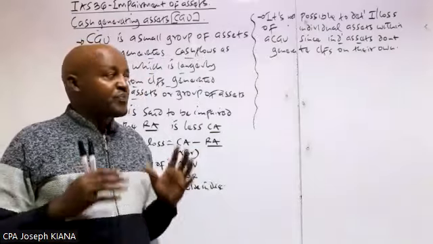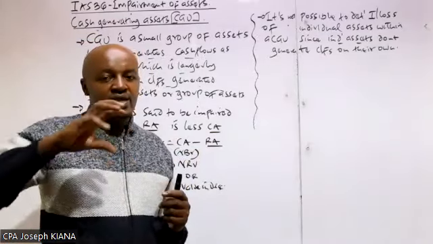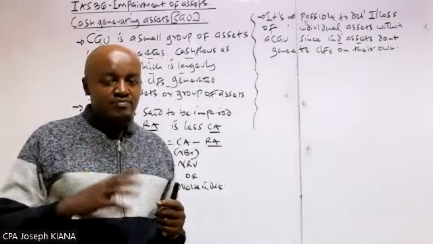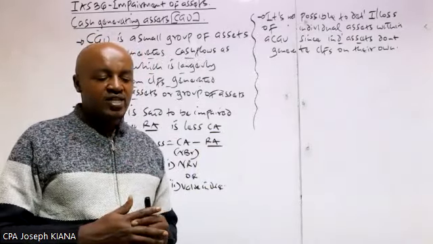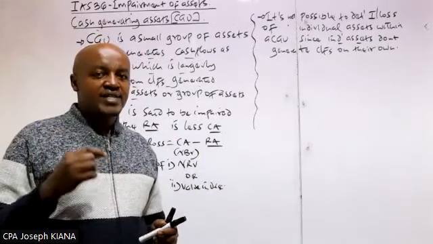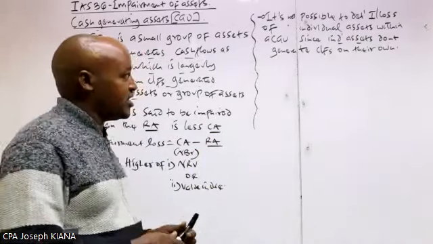And therefore here, what we do is that we determine the impairment loss of the group of assets, or the impairment loss of the cash generating unit, and then we allocate that impairment loss to the assets within that particular cash generating unit.